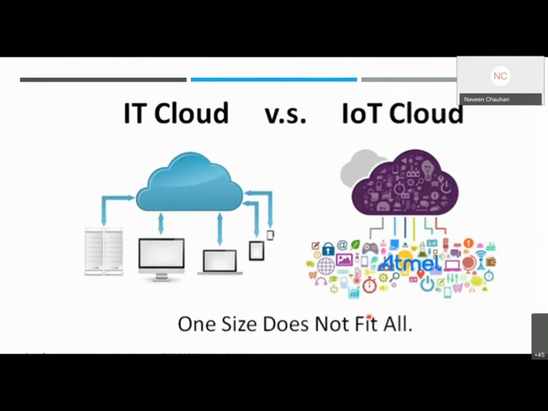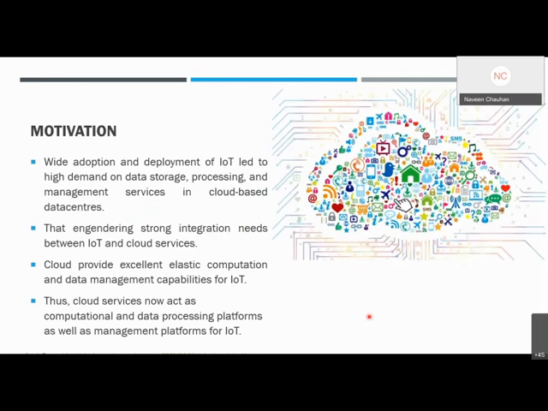Over here, we have tried to compare the IT cloud and IoT cloud, where on the one hand we are talking about information technology, and on the other hand the Internet of Things cloud. One size does not fit all. If we say that IT cloud is IoT cloud, this is not true. We have to talk about a tailor-made solution for newer technologies when we are talking about the IoT cloud.